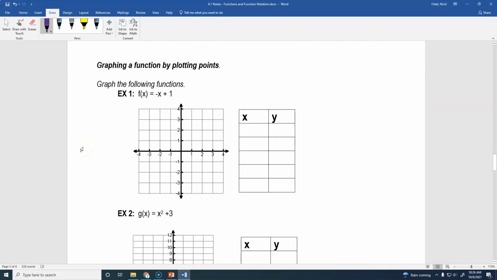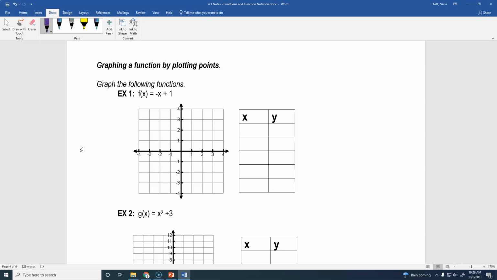Okay, now, this becomes important because we are heading into our linear equation unit. And one thing that we're going to have to be able to do is graph. Okay? So, there is one way that you can graph any equation.